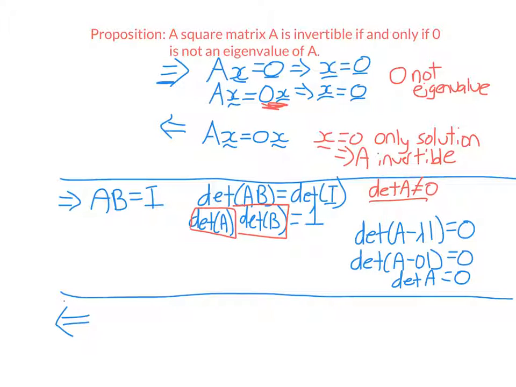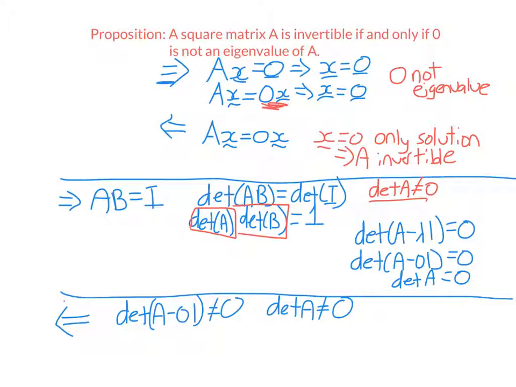Again, going the other way is just sort of using the logic but in reverse order. So if 0 is not an eigenvalue of A, then the determinant of A minus 0I cannot be 0, because 0 is not an eigenvalue. So that means that the determinant of A is non-zero.